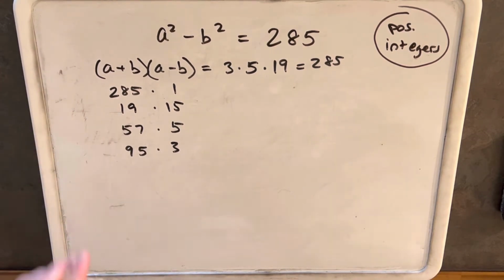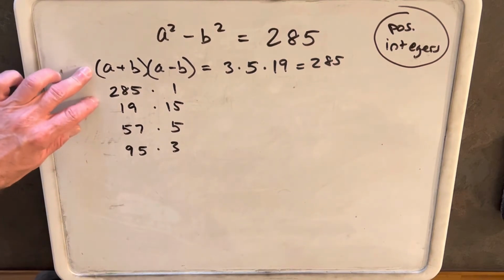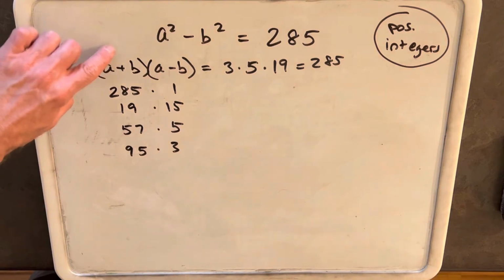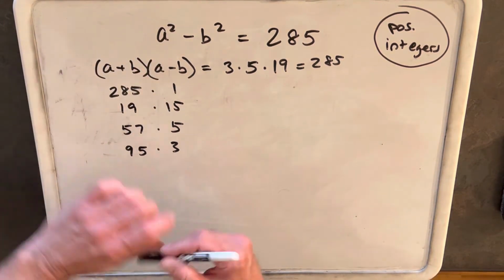And this makes it pretty nice because then we can just set up a system of 2 equations for each of these 4 sets. For example, a plus b is going to equal 285, a minus b is going to be 1. So let's try the first one to start with.